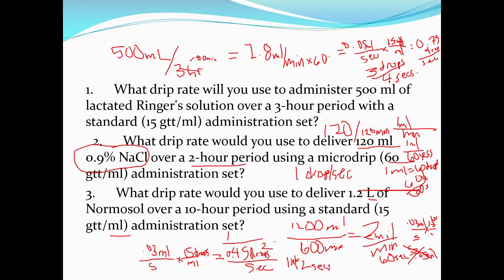Okay. If it's 0.8 drops, take 1 divided by 0.8, you will get 1 on top and 1.25 on the bottom, which means that's 1 1/4. So we need to change that.